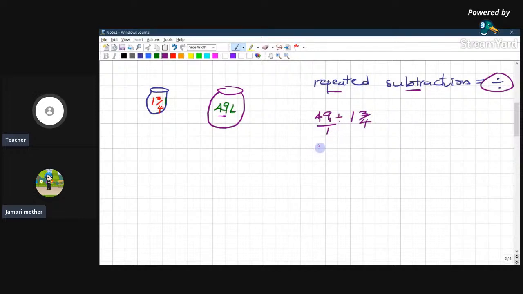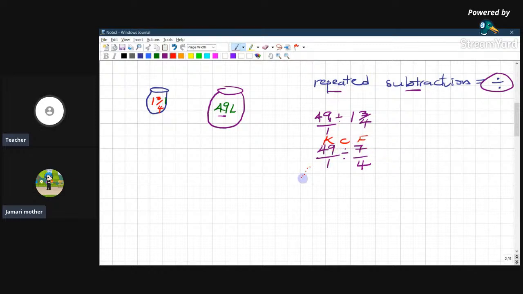So again, this would be 49 over 1 divided by 4 times 1 is 4. 4 and 3, the numerator would make 7, 7 over 4. But we're not done yet, because any division problem is really a multiplication problem in disguise. So we're going to keep the dividend, change the sign and flip the divisor. All right, so we keep, change and flip.